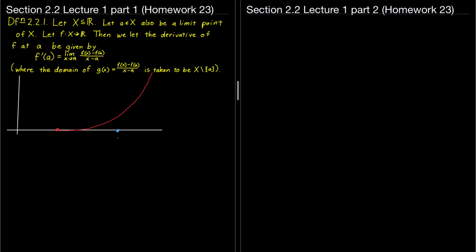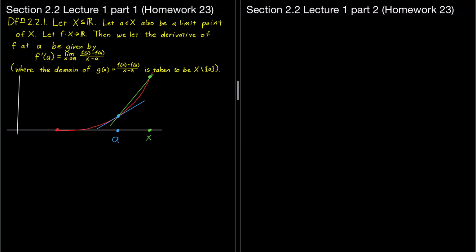Here is our point A. Then here, of course, is f of A. Then what you do is you take a point X, you go up to f of X, then you draw the straight line that goes through f of A and f of X. And then as X gets closer to A, this line is going to get closer and closer to the tangent line at A. And it's the slope of the tangent line that is the derivative of f at A.